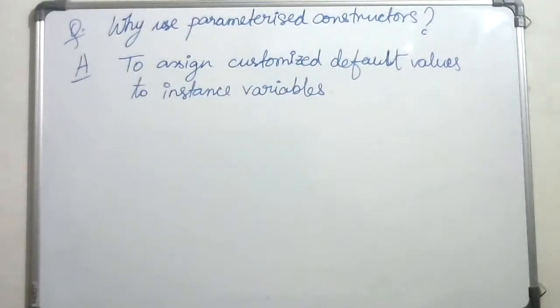If we do not want customized default values, we can always rely on the default constructor. But if we want customized default values such as xyz in place of null or minus 99 in place of 0 for integers, we can use a parameterized constructor.